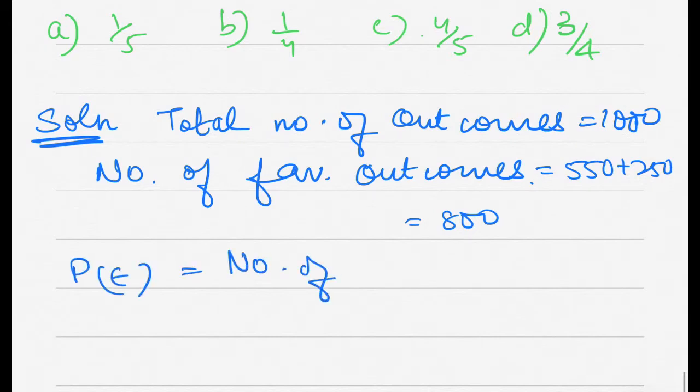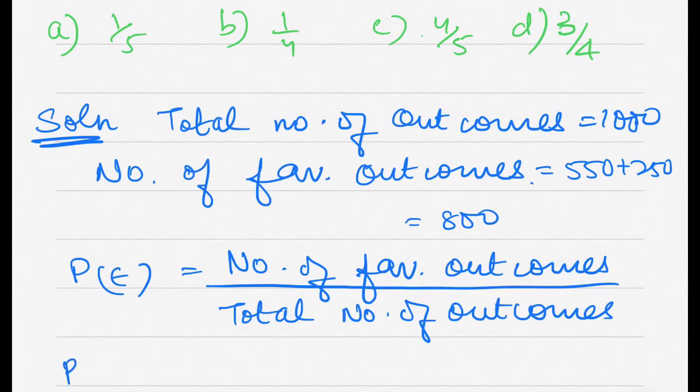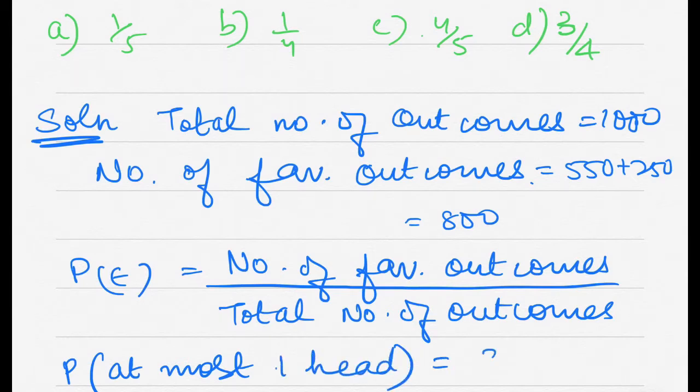Now probability of an event is equal to number of favorable outcomes by total number of outcomes. So probability of getting at most one head will be equal to 800 by 1000, because total number are these, so 2 zeros, 4 twos are 4 fives.